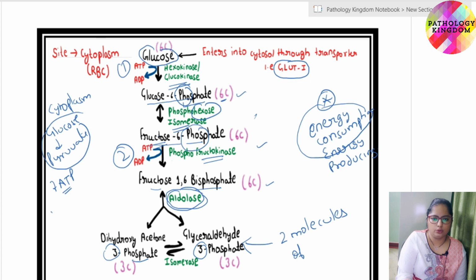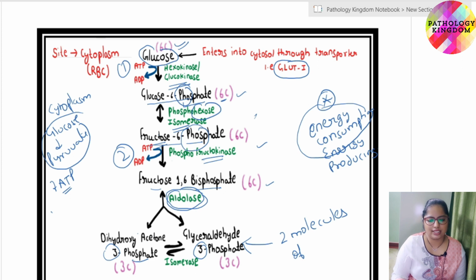It starts with glucose having 6 carbons, and this glucose enters into cytosol through a transporter, that is GLUT1. Then this is converted into glucose 6-phosphate, fructose 6-phosphate, fructose 1,6-bisphosphate, and then you have to memorize there are two products: dihydroxyacetone phosphate and glyceraldehyde 3-phosphate.